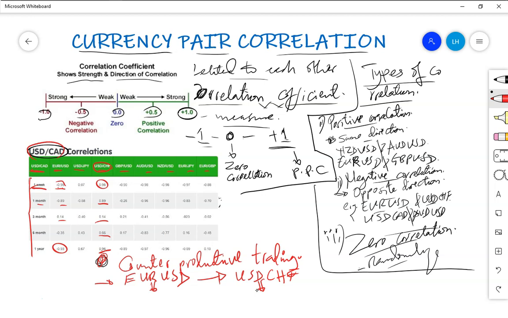And mainly you will end up in a loss because you will be charged things like spread or commissions. But sometimes if there is a difference in pip movement, you can end up with a small profit.